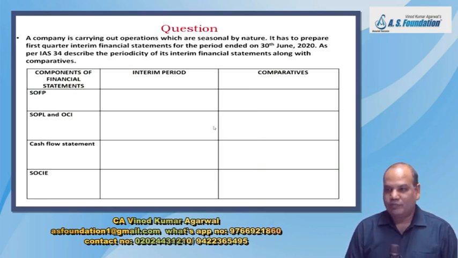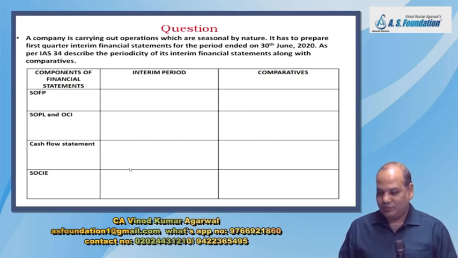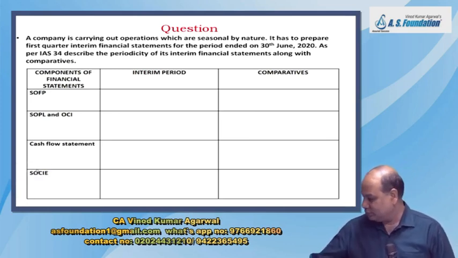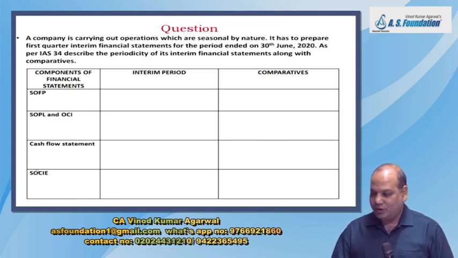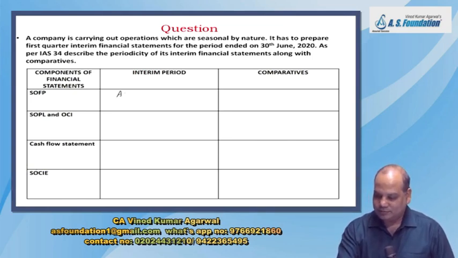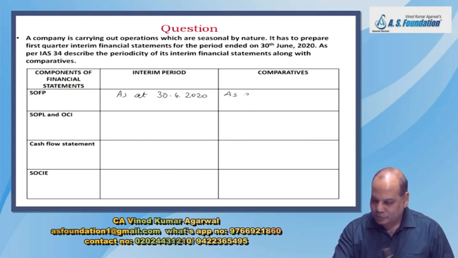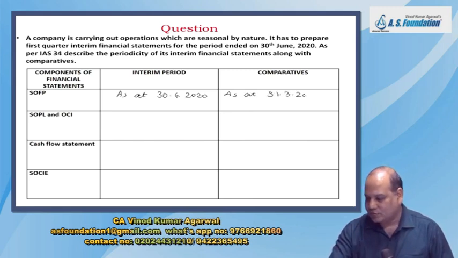Seasonal SOFP for interim period as at 30th June 2020 and for comparative as at 31st March 2020, that is immediately preceding financial year.